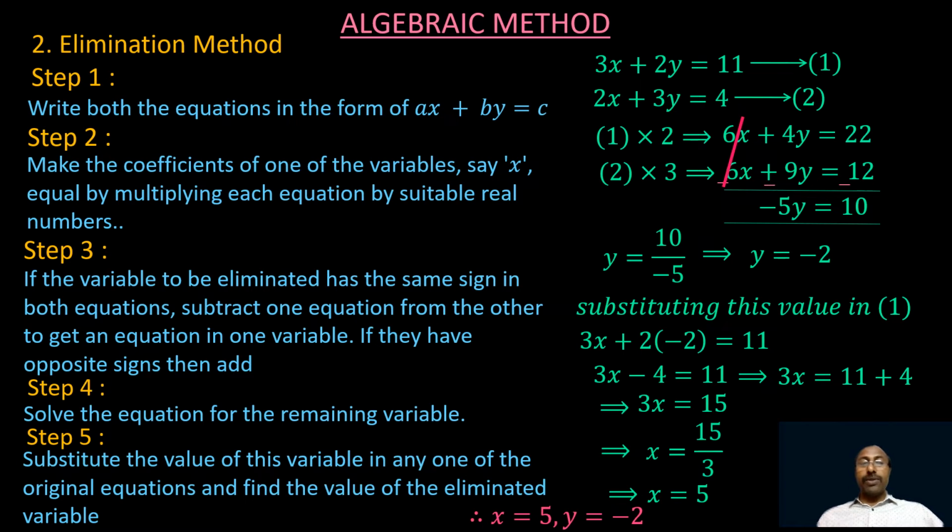So these two are the algebraic methods to find the variables x and y when a pair of linear equations in two variables is given. Now we are going to solve exercise 4.2, which is based on solving pairs of equations in two variables. So let's go for exercise 4.2.